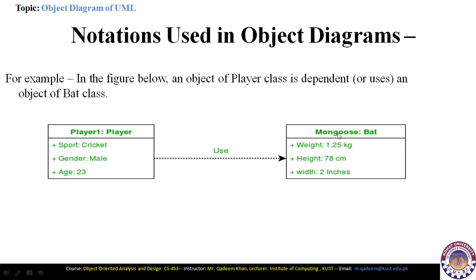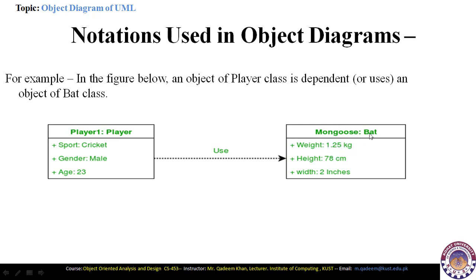Now Mongoose is a particular bat. For example, here we can provide a player name and he can bat. It is instantiated from the bat class, and the bat weight is 1.25 kg, height is 78 centimeters and width is 2 inches. Now that means the Mongoose bat is instantiated from the bat class, and if we change the bat, automatically changes will occur here.